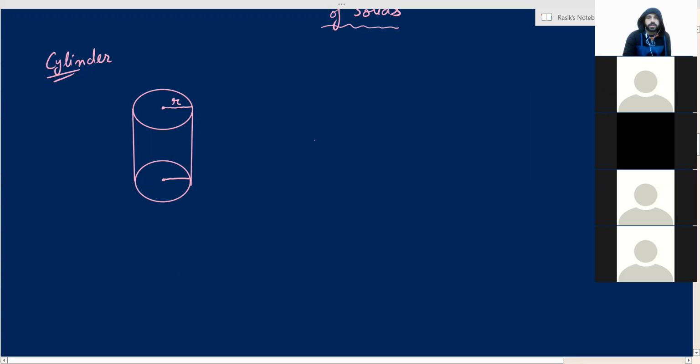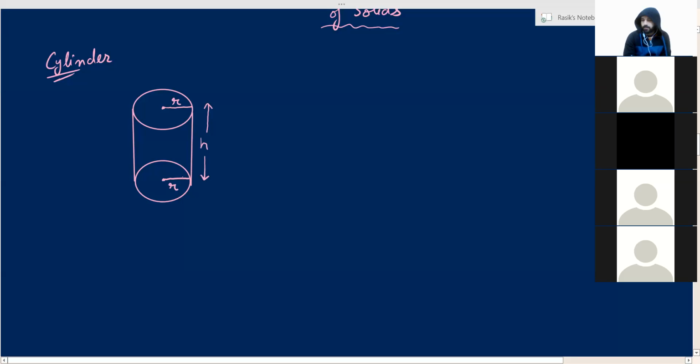So there are total three surfaces in a cylinder. The top is circular, the bottom is circular. Both the circles have the same radius, parallel to each other. And then there is a particular height of the cylinder, h. So this is a cylinder.